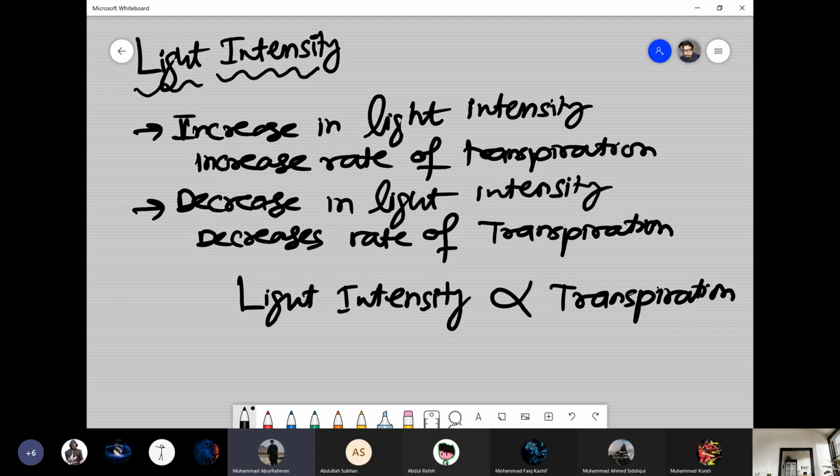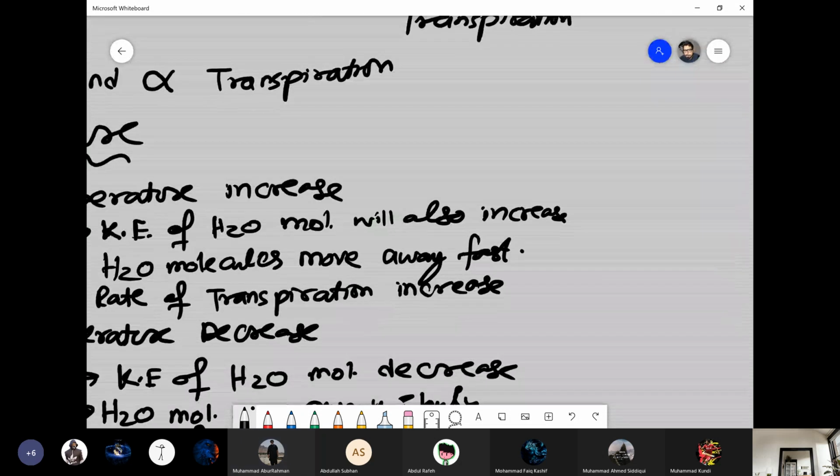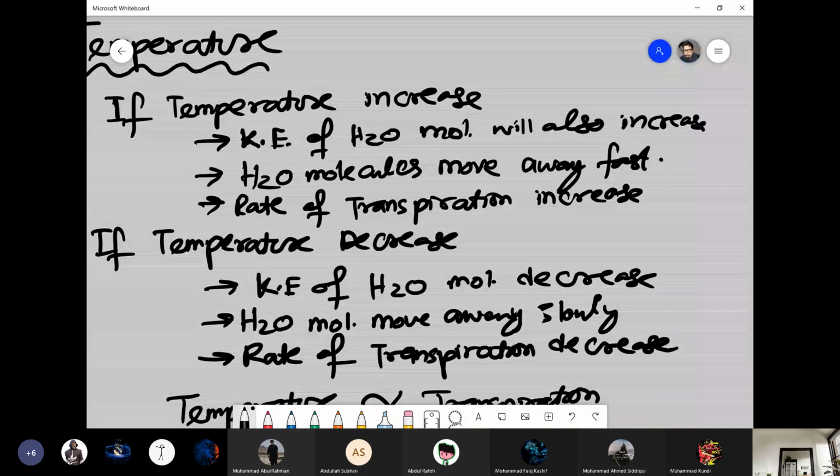Yes. Same as we learned here, right? With the increase in temperature, the molecules of water, their kinetic energy increases, right? So as their kinetic energy increases, it makes the water molecules move away faster. So the rate of transpiration becomes faster.